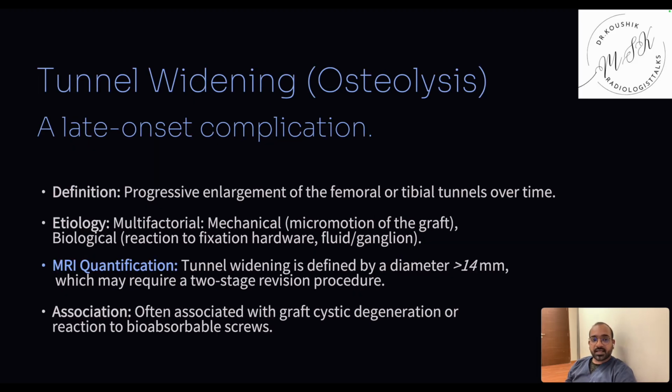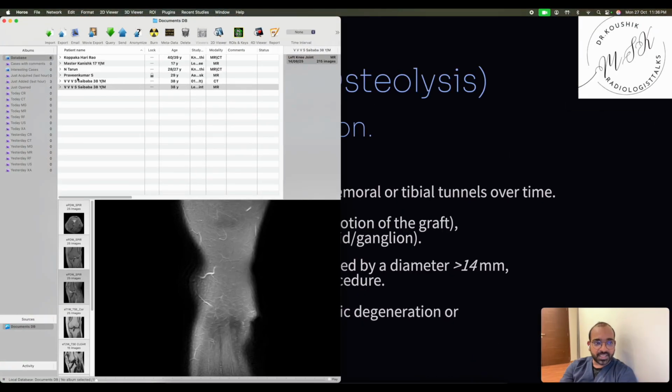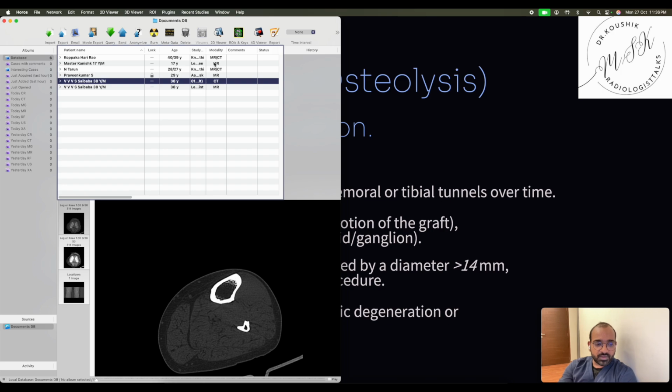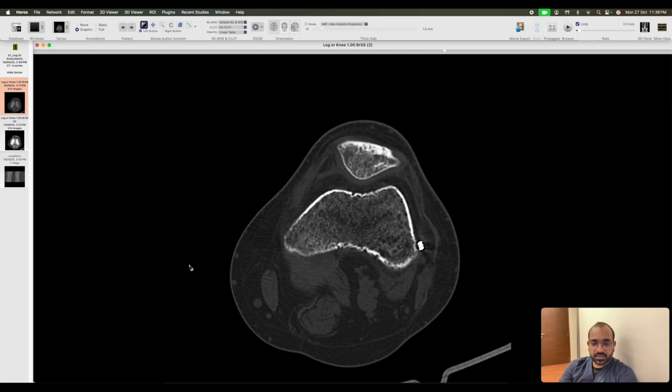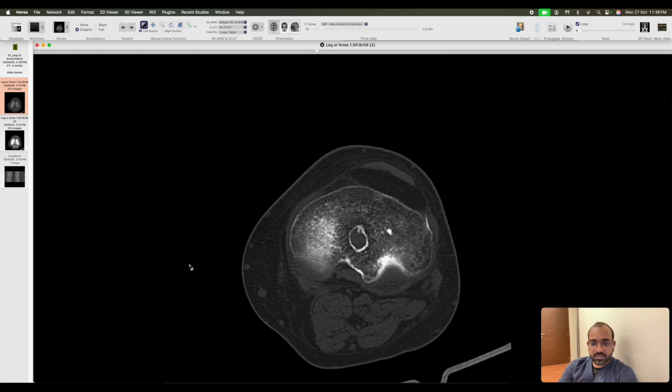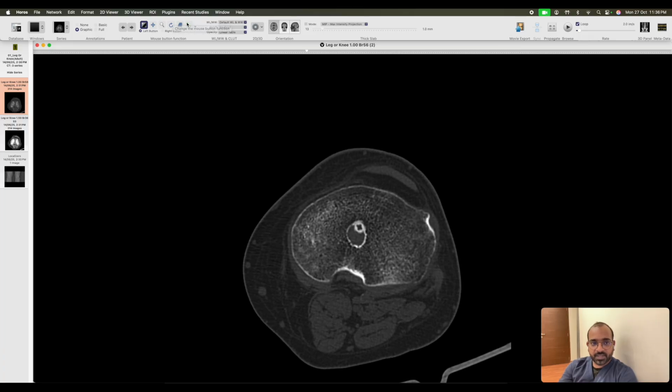One more thing is a late onset complication known as tunnel widening. So what happens in tunnel widening? There is progressive enlargement of femoral and tibial tunnels. Normally, even on CT, the tibial tunnel and femoral tunnel don't measure more than 10 mm.